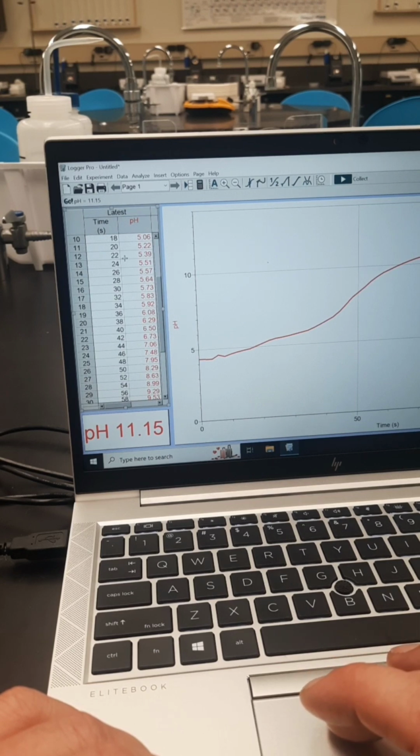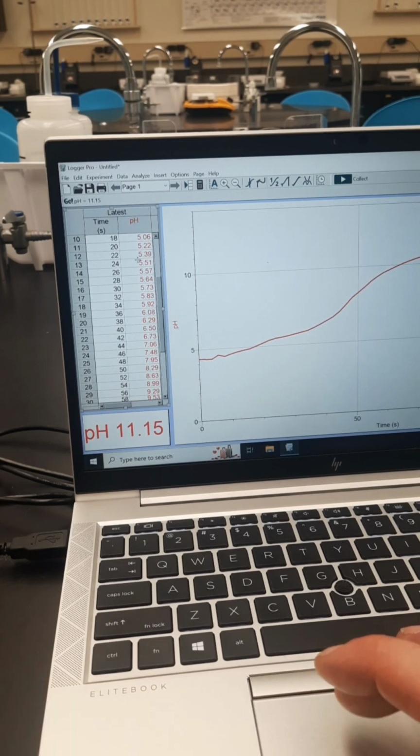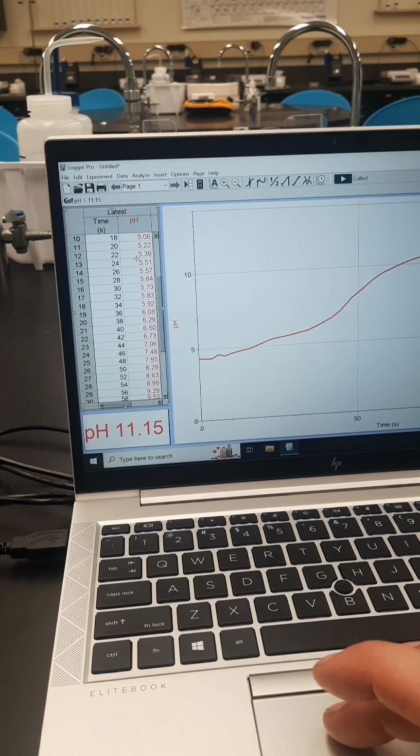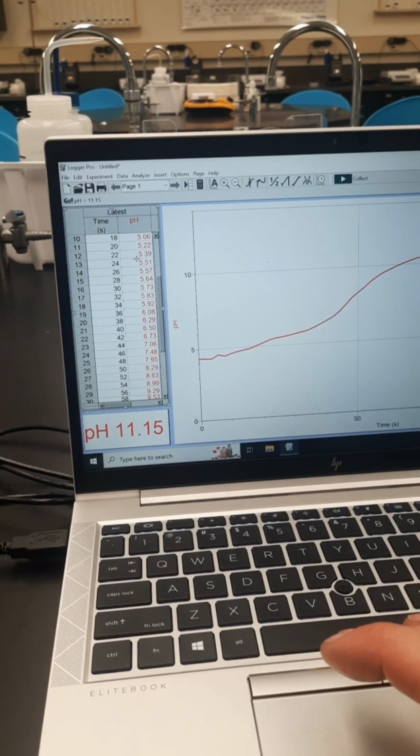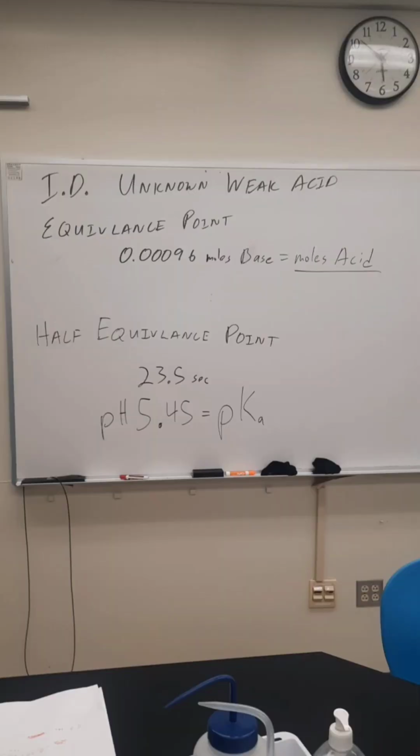So between 22 right there, it's somewhere in between 5.39 and 5.51. I am going to say that that is 5.45 pH, pretty much right in between there. 5.45 pH is the half equivalence point.